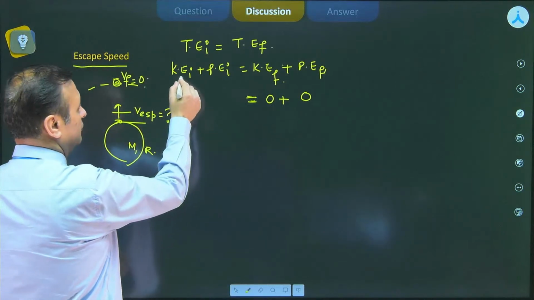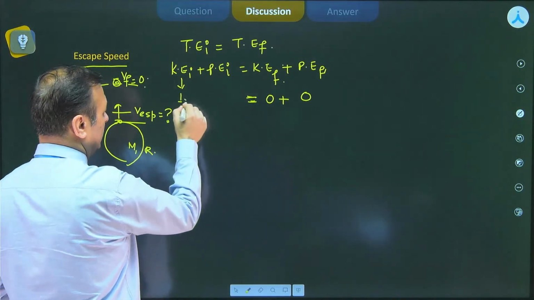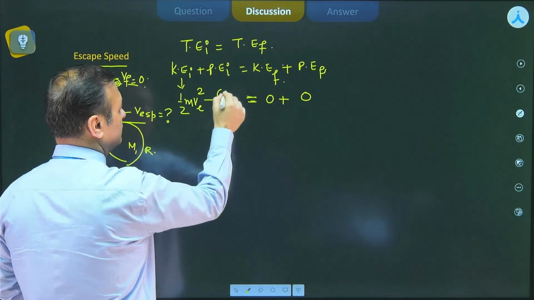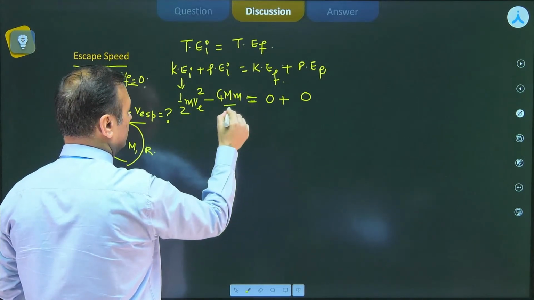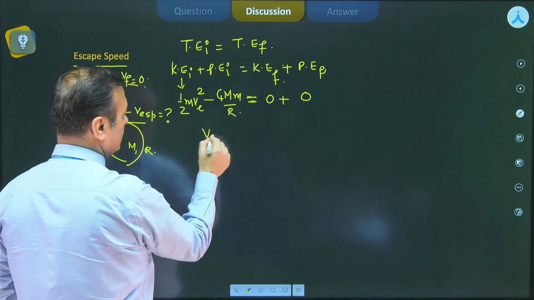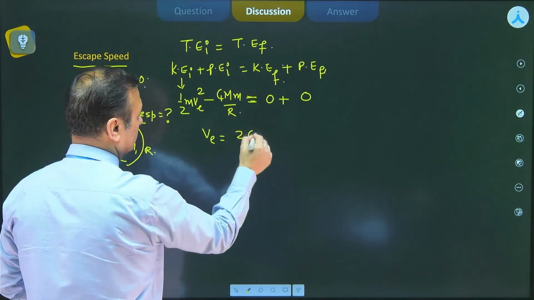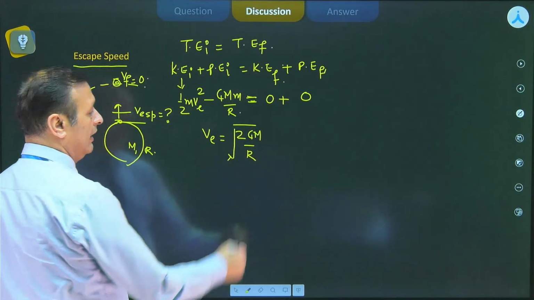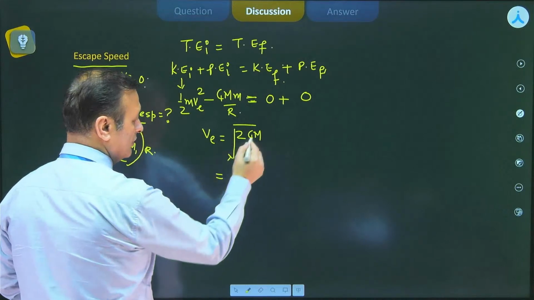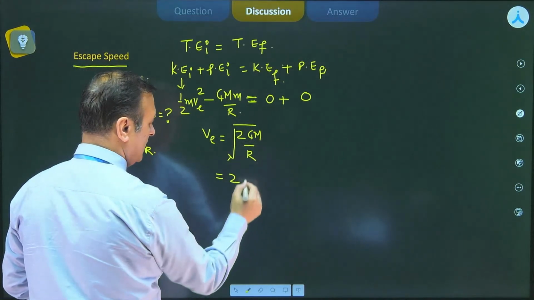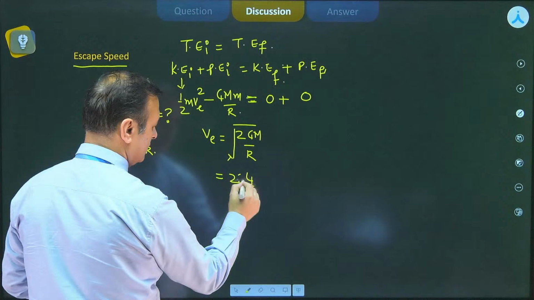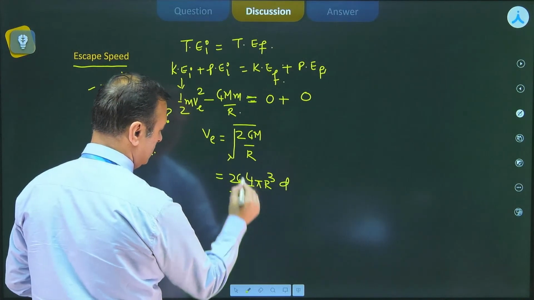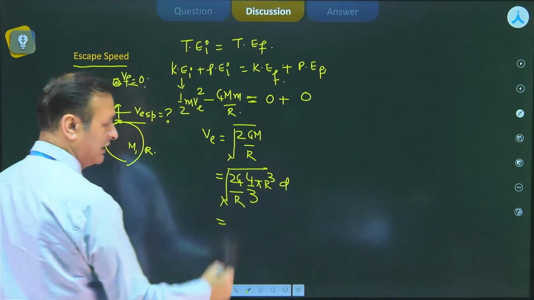Now the kinetic energy with which it is projected is half m v escape square. Potential energy is minus GMm by R at the surface of Earth, and when you rearrange it, this becomes this one. And if you consider this mass as 4/3 pi r cube into density, the same escape speed can be written like this.